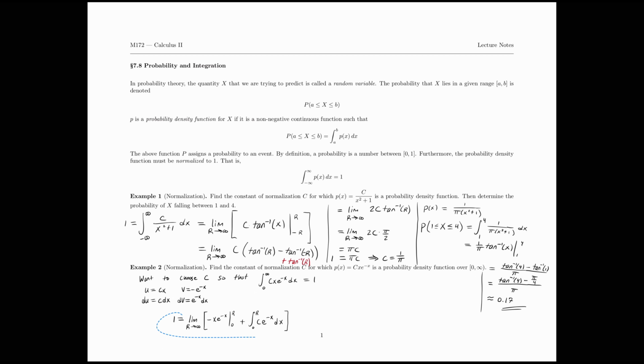All right, continuing here. So we'll have negative r e to the negative r minus minus, so plus 0. Then if we integrate this, we'll have minus c e to the negative x between 0 and r.